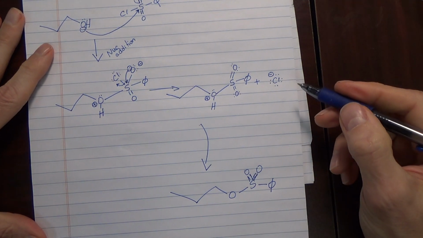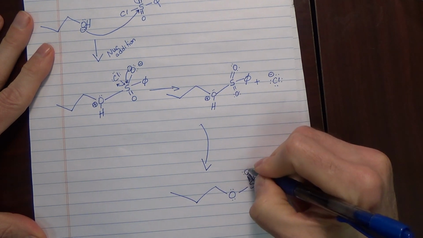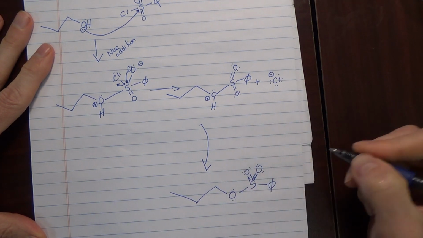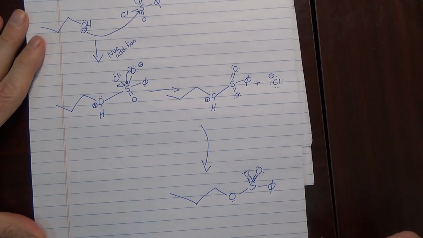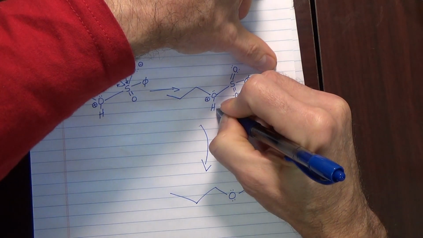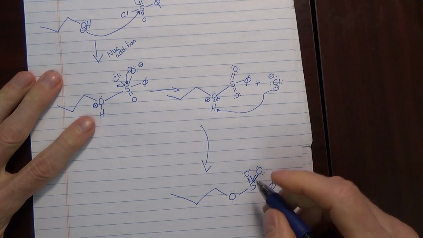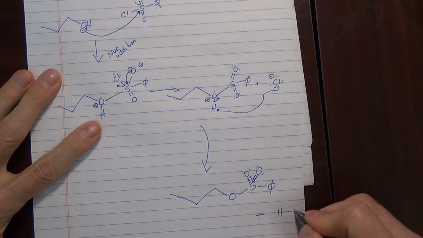To get there, we need to get rid of the H. Well, what can take the H? We can actually use the chloride to take the H. These electrons take H, these electrons stay behind, and we would produce HCl.